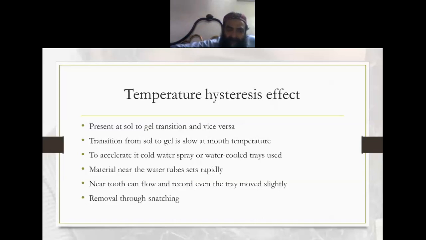So to accelerate it, we use cold water spray or water cooled trays. Water cooled trays are the trays you have seen having an inbuilt system of tubing through which cold water passes, and it cools down the agar impression material.